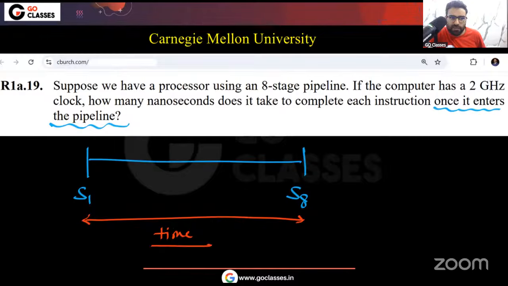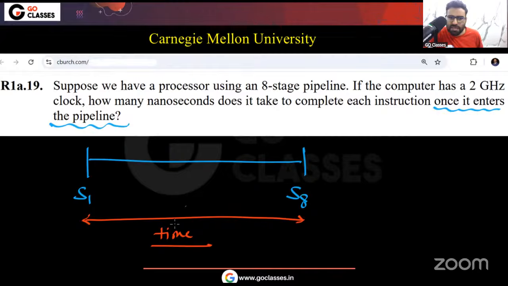One more thing: when you use the concept of pipeline in your processor, many instructions execute simultaneously in different stages. If some instruction is in stage 3, then another instruction will be in stage 2, and another in stage 1. So several instructions execute in parallel in different stages.